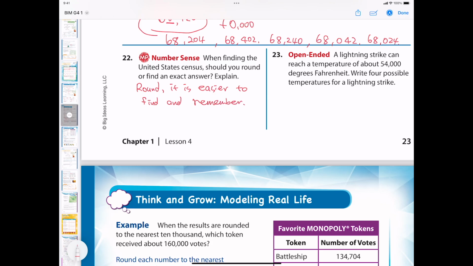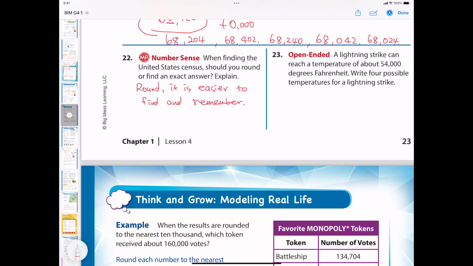Number 23. A lightning strike can reach a temperature of about 54,000 degrees Fahrenheit. Now write four-digit temperatures for a lightning strike. Okay, maybe it can vary, okay? Four possible temperatures for a lightning strike.